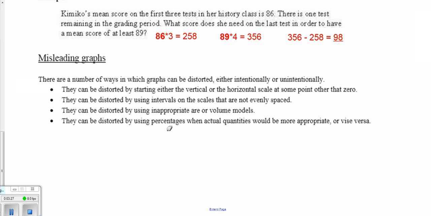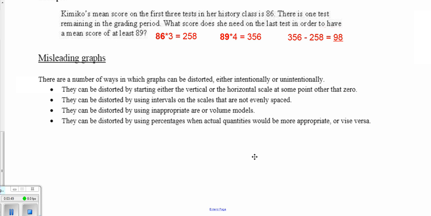Now they can also be distorted by using inappropriate area or volume models. If they're trying to show you something using a picture, the picture might be a little bit off from what it's actually trying to describe. They can also be distorted using percentages when actual quantities would be more appropriate, or vice versa.